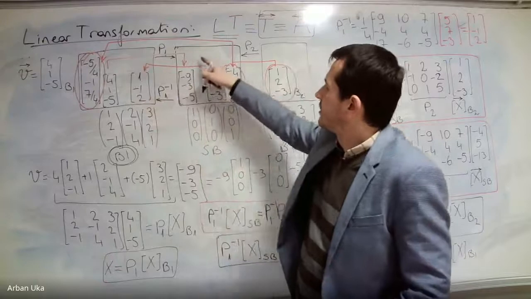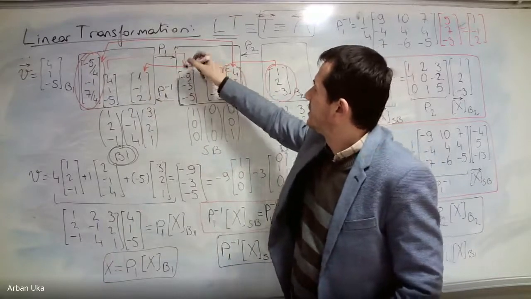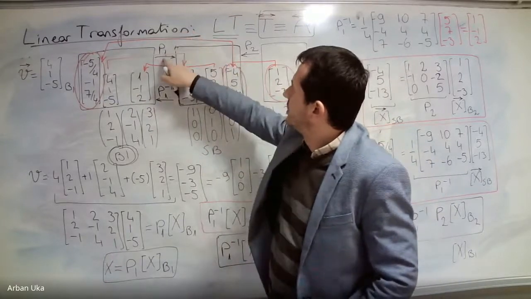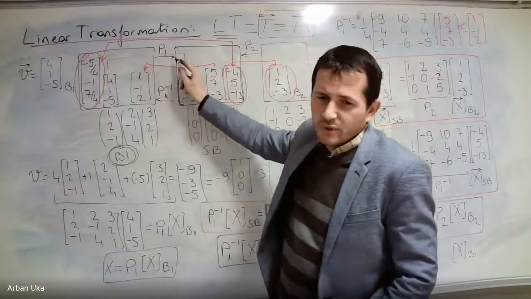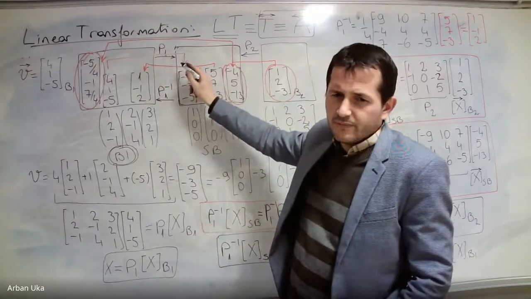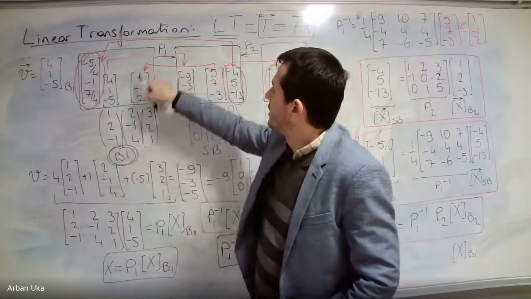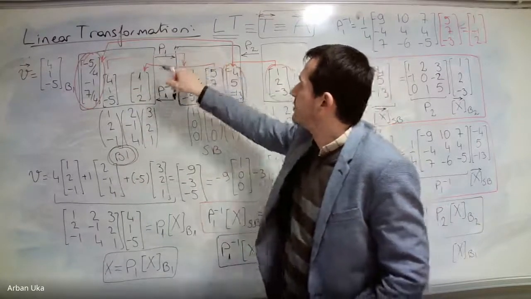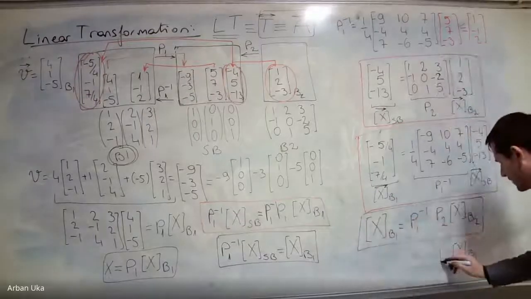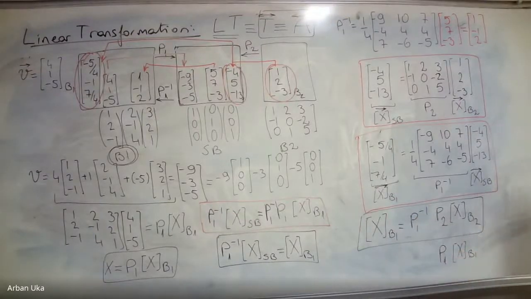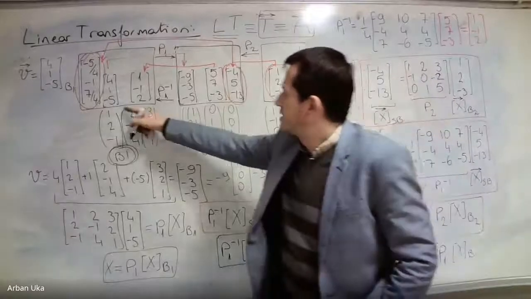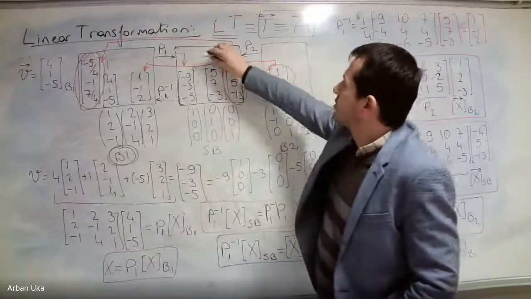How can we bring it to the standard basis? We have P1, right? So if we are given a vector in this domain, in basis B1, we can move to the standard basis, multiplying by P1. So here we multiply with matrix P1, and matrix P1 is this one here. Then we are on this domain.